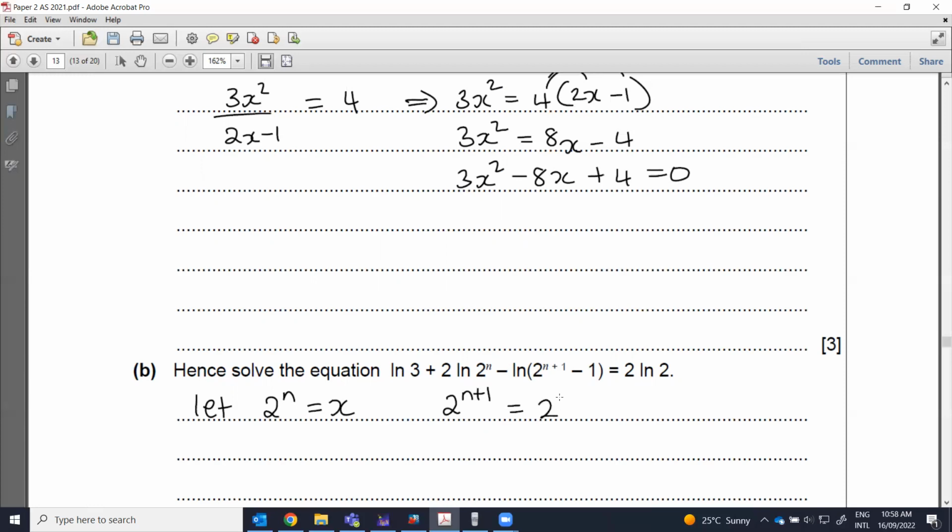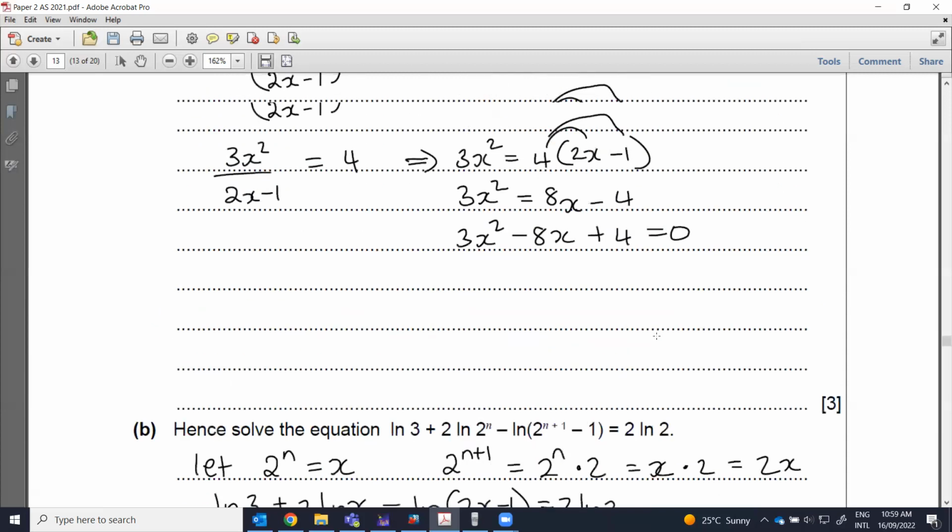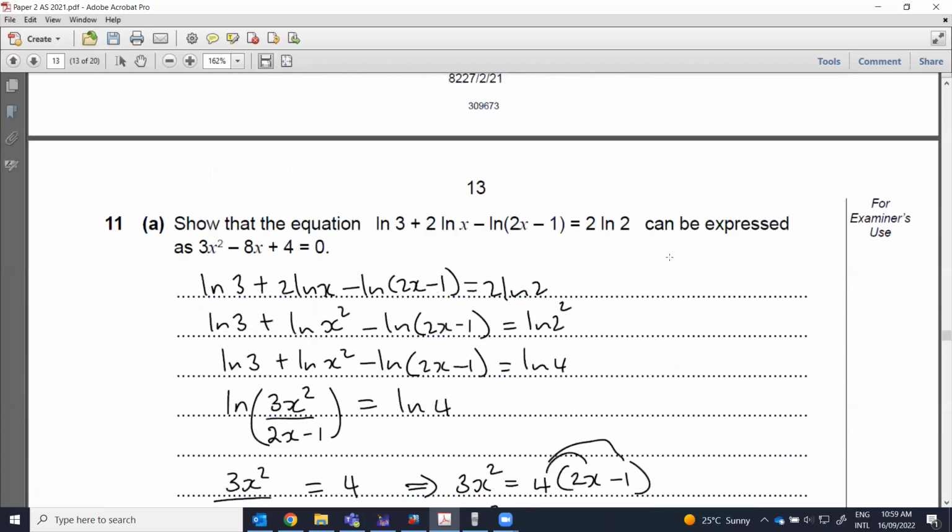You should know that this is 2 to the power of n times 2. So this means x times 2, which is equal to 2x. So if I were to rewrite this in terms of x, I have ln of 3 plus 2 ln of x minus ln of 2x minus 1 is equal to 2 ln of 2. And that is exactly what we have over here.